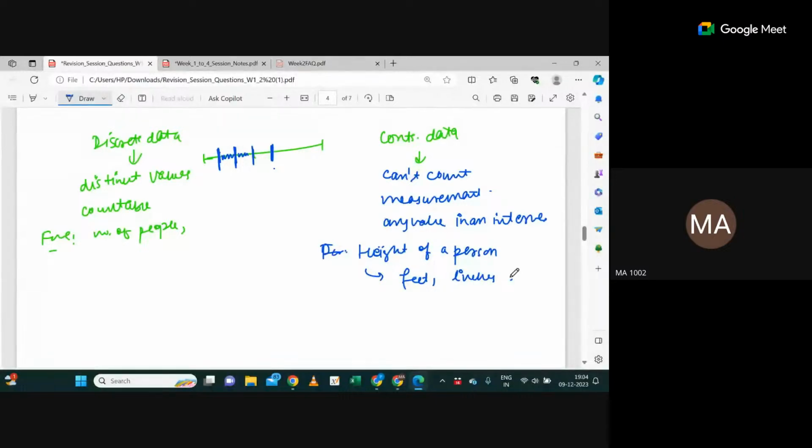Weight of a person, you have to measure in kilograms, something like that, right? You can't count the weight, right? So measurement means there will be some unit. Tell me, the speed of a vehicle, is it countable, discrete or continuous?